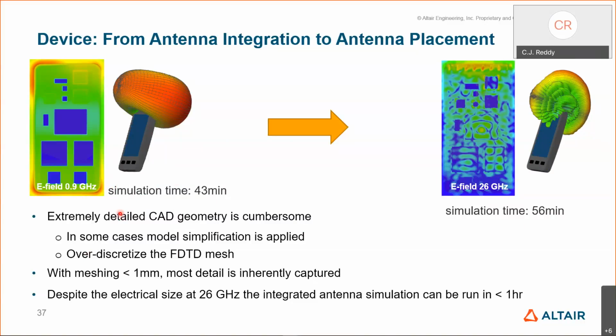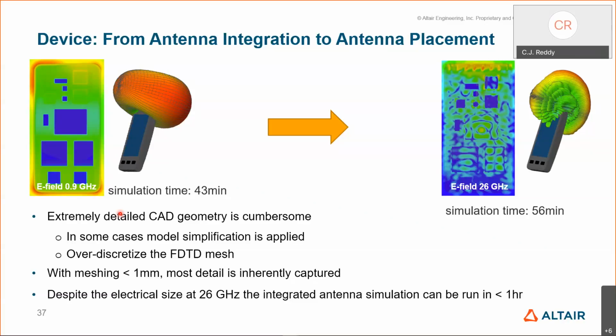There are 2 aspects of the simulation when it comes to discretization. One is the frequency, as I mentioned. You have to take 10 points per wavelength, or lambda by 10, as the size of the cell or the size of the element. Also, before that, you should be able to capture the geometry. If your mesh is not able to describe the geometry, then of course your results are not going to be good.